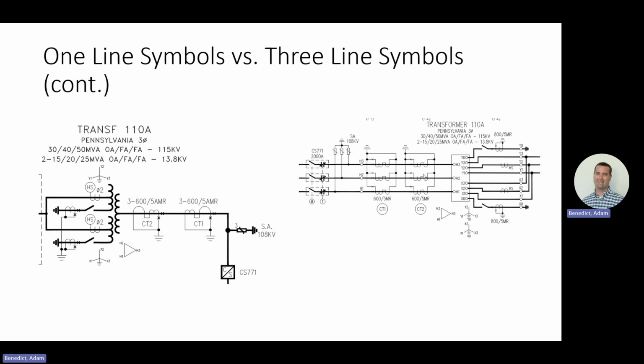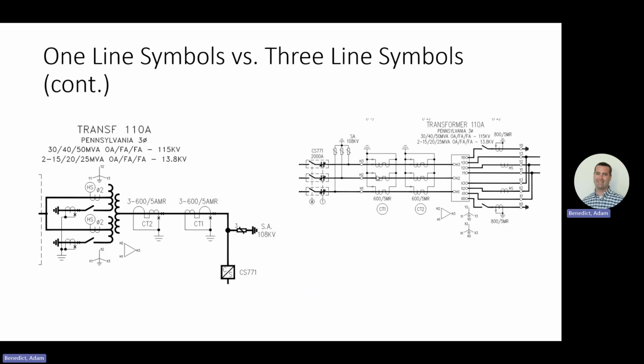As we're going through this, we have our lightning arrestor, surge arrestor here, which is good. It should always flow like that. Here we're showing our bushings. The one line didn't show the bushings, but that's fine. Again, these are going to identify where your CTs start.